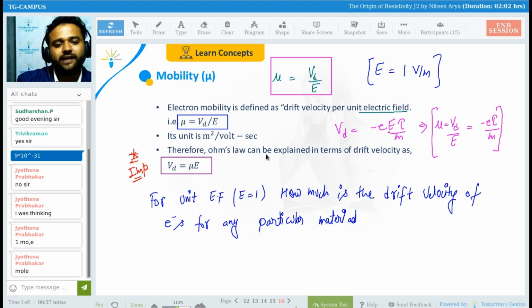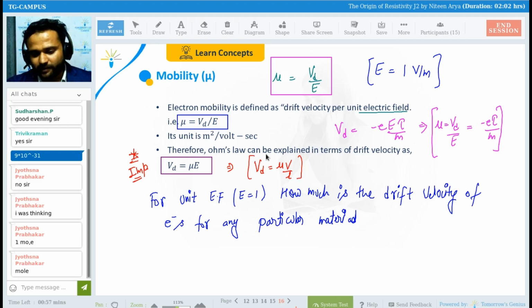Because the moment I put E equals V by L, Vd equals mu V by L also. You need to understand what quantity is given in the numerical question and what is being asked. Using a bunch of relationships, you solve the question, and you can do that with practice.